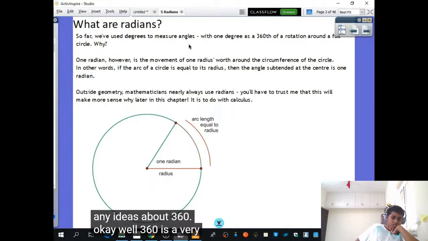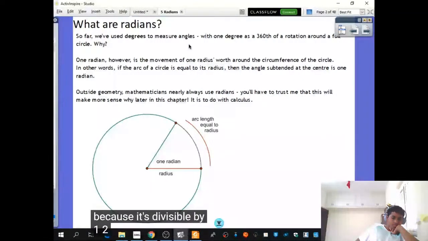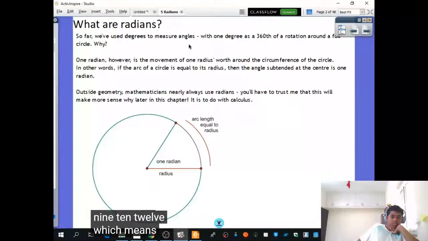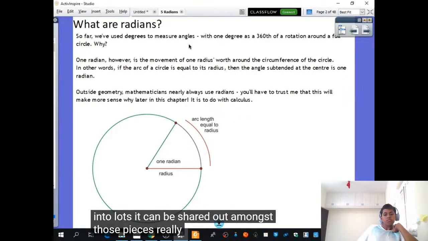Well, 360 is a very special number because it's divisible by 1, 2, 3, 4, 5, 6, 8, 9, 10, 12, which means that a circle can be split up into lots of pieces. It can be shared out among those pieces really nicely.